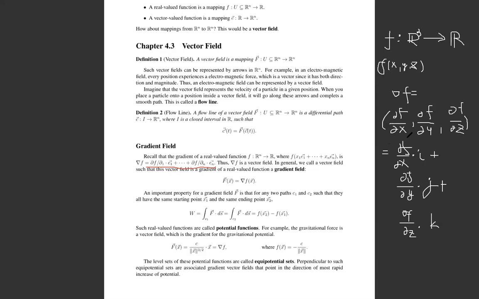Such a gradient would be a vector field because you input a position here in R3 and you output another R3 vector. So in this case, the gradient is a mapping from R3 to R3. Okay.